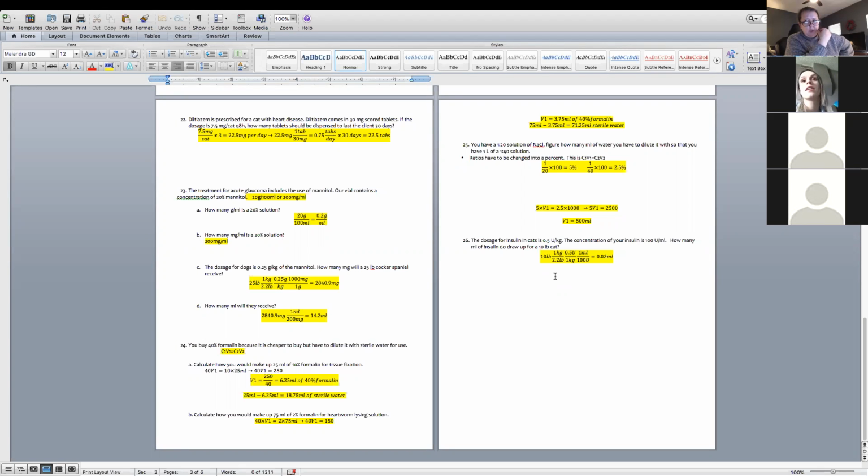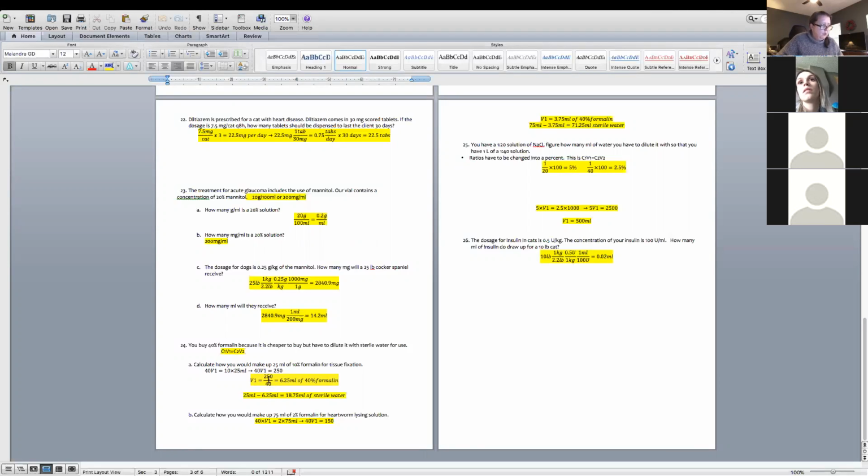Think about it this way. I think the simplest way to write it up when you have a problem like that, let me go back to 24. You have 40%. I want 25 mLs of a 10% solution.